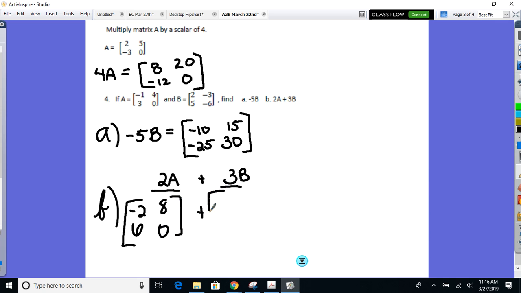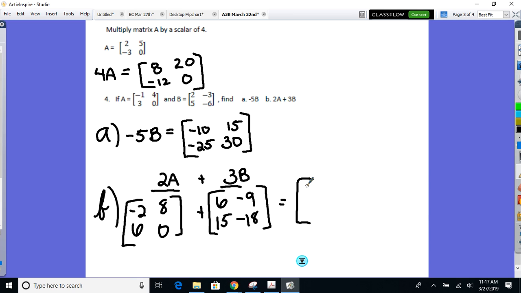Plus, how about 3B? 6, 15, negative 9, and negative 18. Now add them together. Final matrix, what do you got for me?